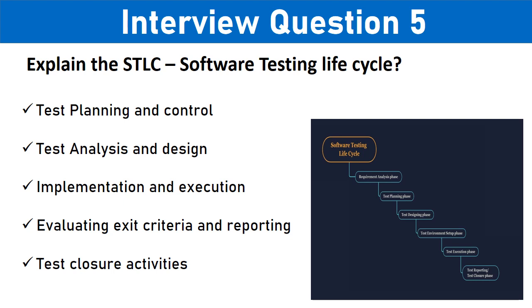We take the test conditions and make them into test cases and set up the test environment. Fourth phase is evaluating exit criteria and reporting, which is the activity where test execution is assessed against the defined objectives. In fifth phase, which is during test closure activities, we collect data from completed test activities including facts and numbers.